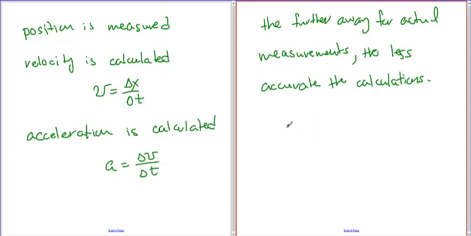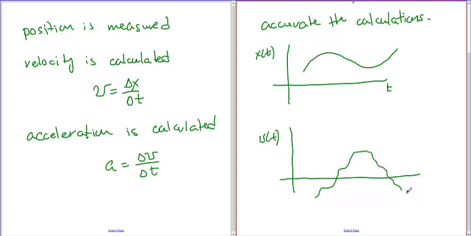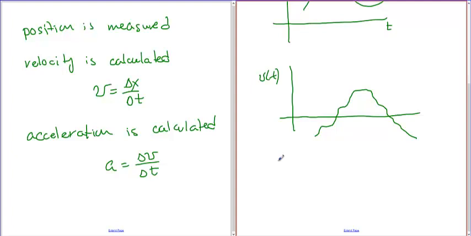So what you may see if you take data, here's position as a function of time, it may look like, oh, I have a nice continuous smooth curve. Then when you calculate the velocity as a function of time, like this, you might end up with the velocity going kind of like this. I'm not trying to match exactly. I'm just trying to demonstrate.